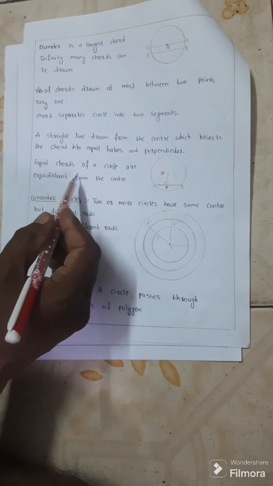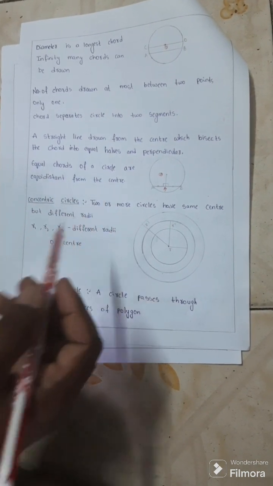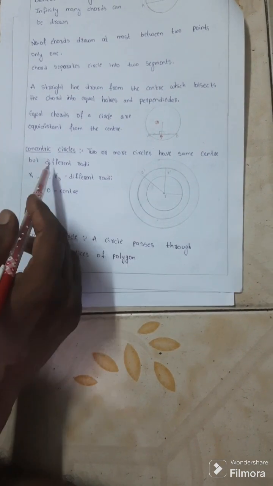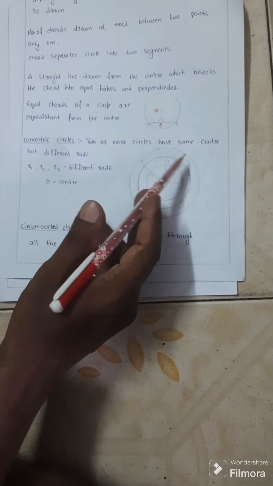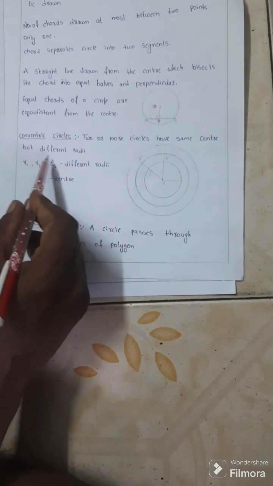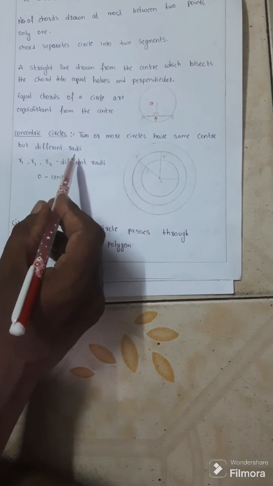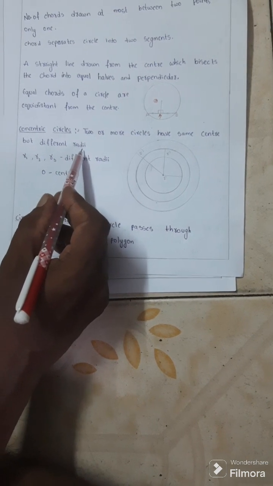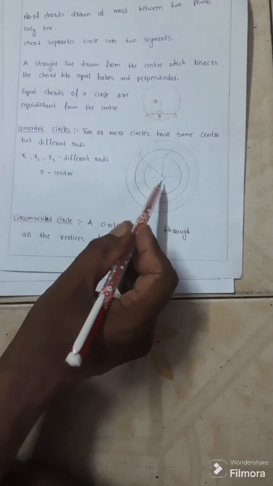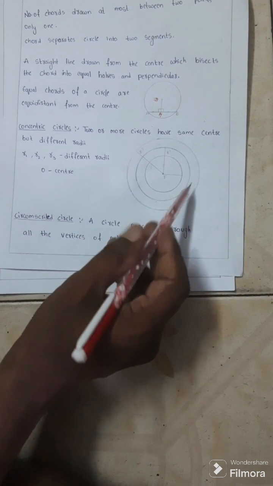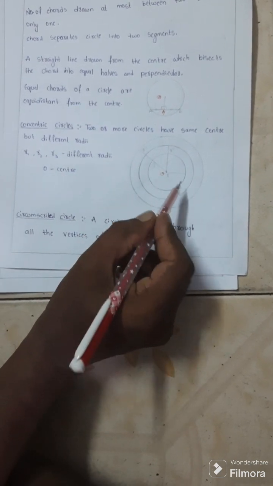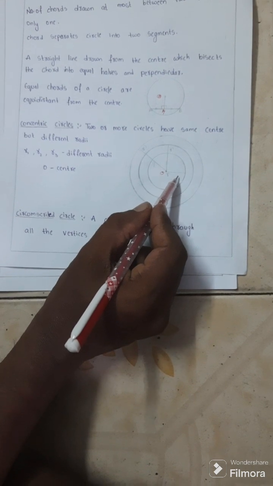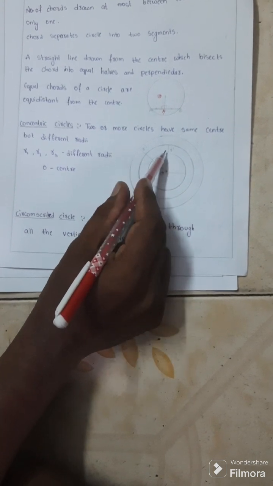This you already learned in the 9th level. Concentric circles are another point: two or more circles that have the same center but different radii. Radii is the plural of radius. Suppose I take three concentric circles with center O, with radii r1, r2, r3.